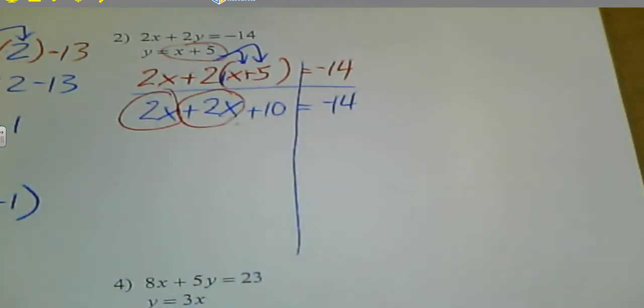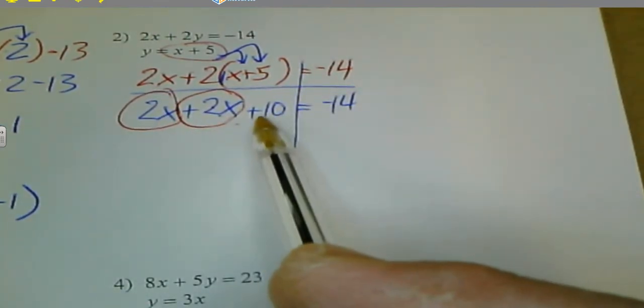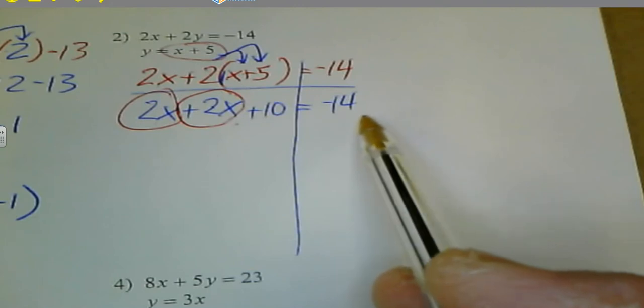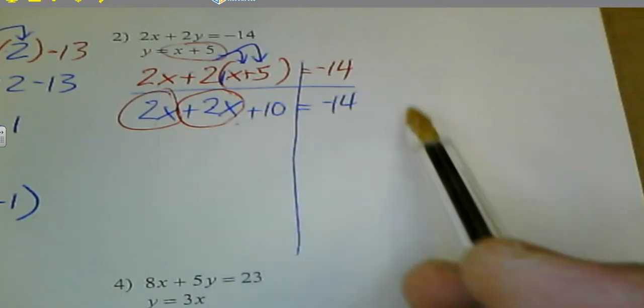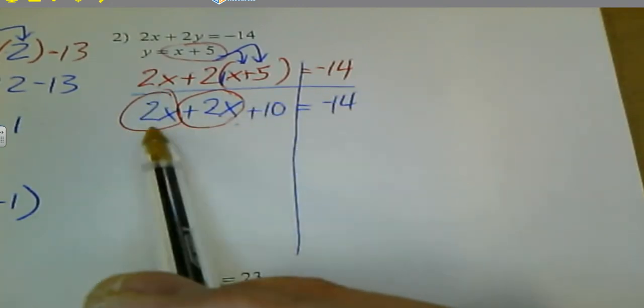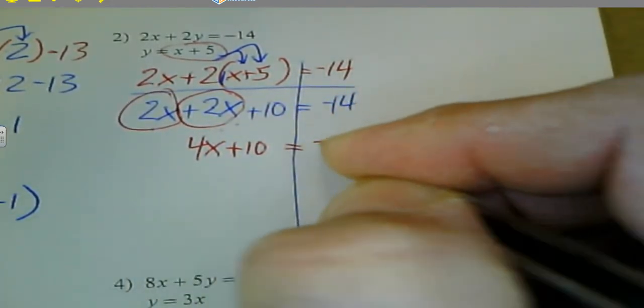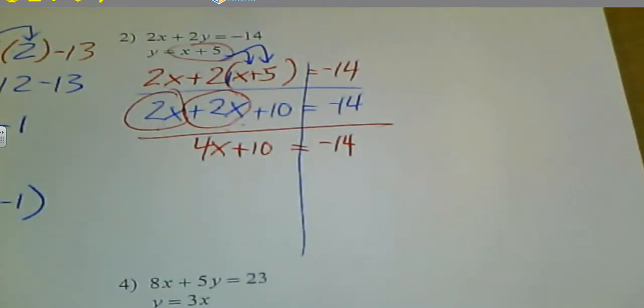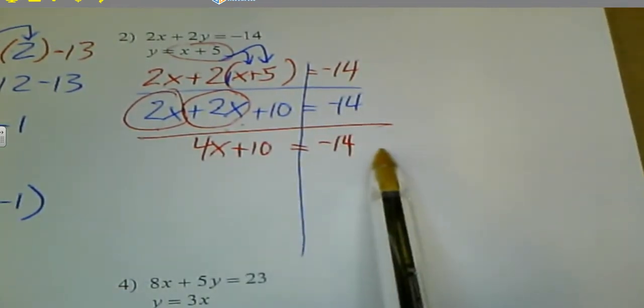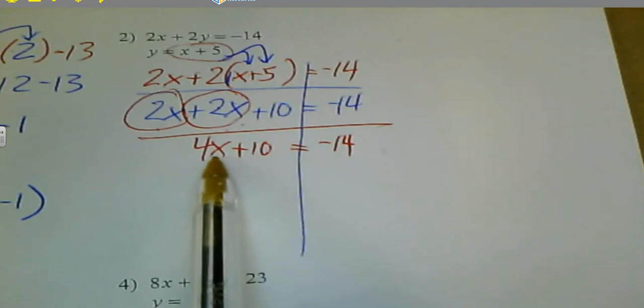2x and 2x, because they both have an x, combine together. There's nothing for the 10 to add to, and on the other side there's only a negative 14. Remember, combining like terms is only on one side each. So 2 and 2 is 4, so that's 4x. Bring down that plus 10, the equals, and that negative 14. There's no extra variable over here, so we're going to get rid of what's added to the x.